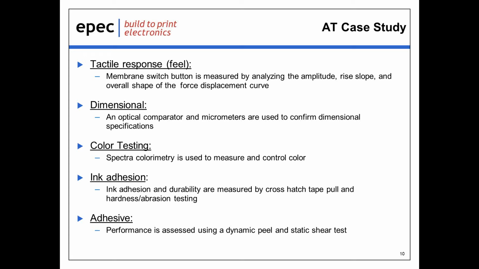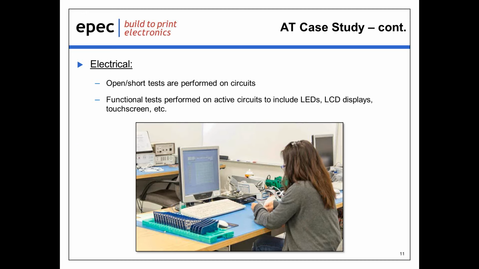We have a colorimeter that we use to test these products. We do ink adhesion testing and adhesive testing as well. And as indicated, we do have electrical testing that we perform on the products. This tests for opens and shorts on all of the assemblies. And again, it tests for the LEDs, the LCD displays, and the touchscreen products that we produce.